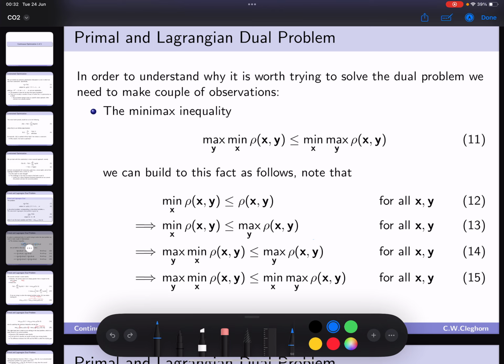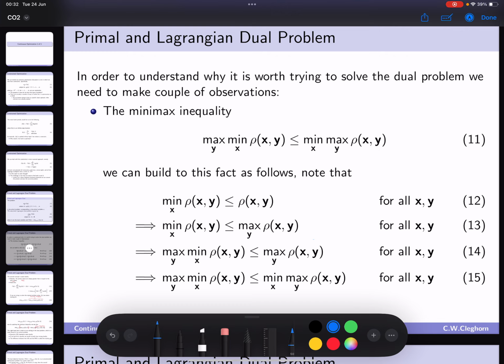Note that we're always minimizing with respect to x and always maximizing with respect to y. It's just the order of min and max that is swapped. When we first maximize and then minimize, it's always going to be larger than first minimizing and then maximizing.